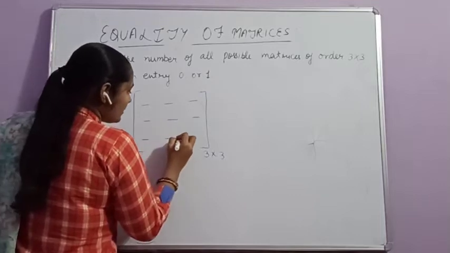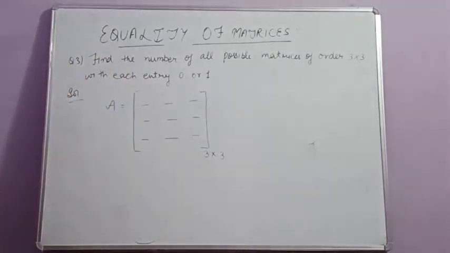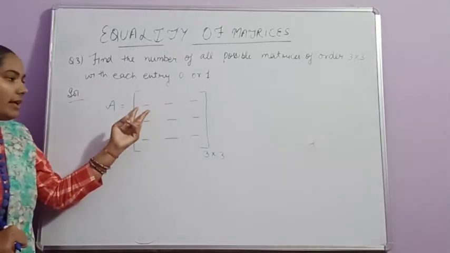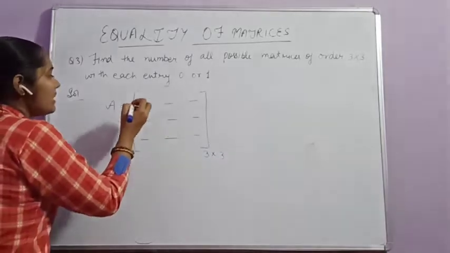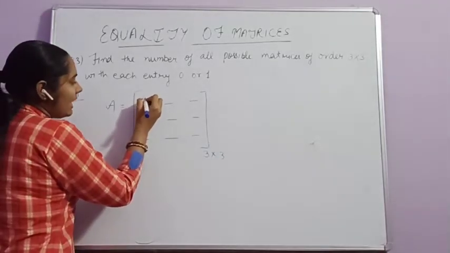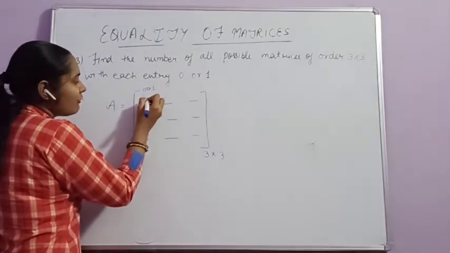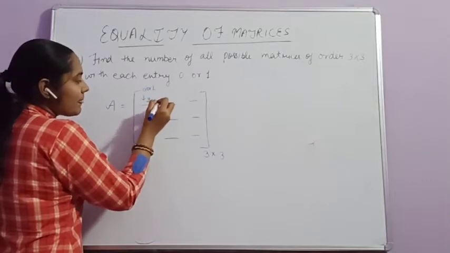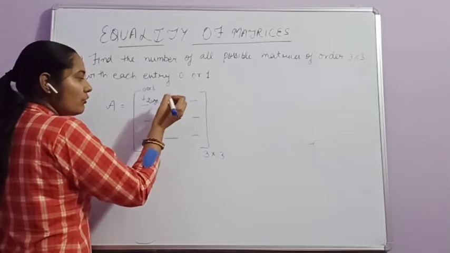We know that the entries are 0 and 1. It means each element can have either entry 0 or 1. That is, the first element can be 0 or 1. That means it can be filled in two ways. Clear? Similarly, the second can be filled in two ways, either 0 or 1.